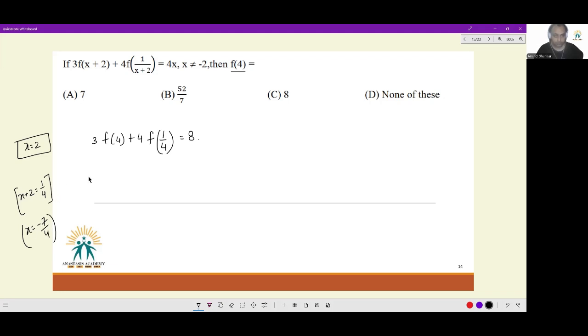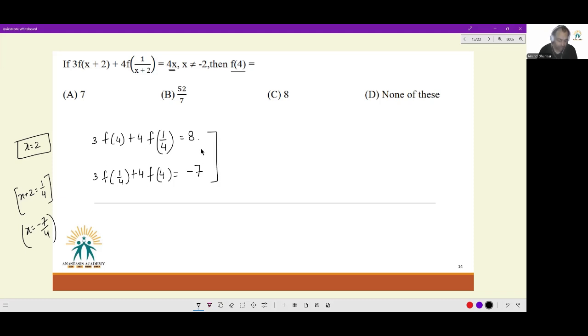So we get 3 times of f of 1 by 4 plus 4 times of f of 4 is equal to minus 7. This is very important. The value of this 4x is determined by what value of x we end up taking.